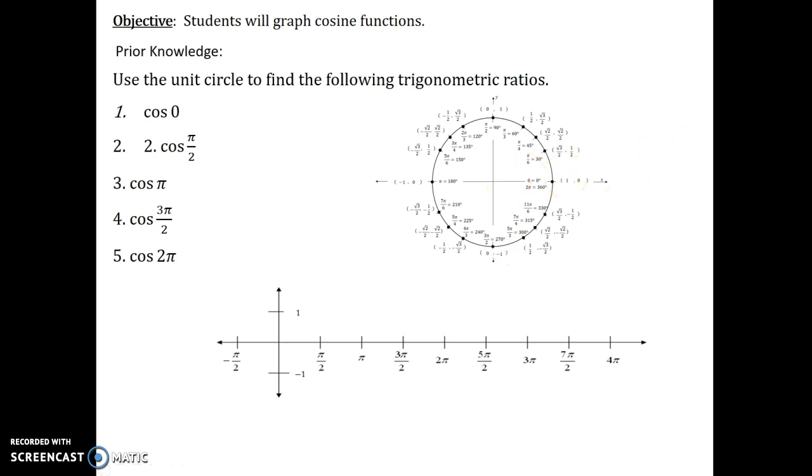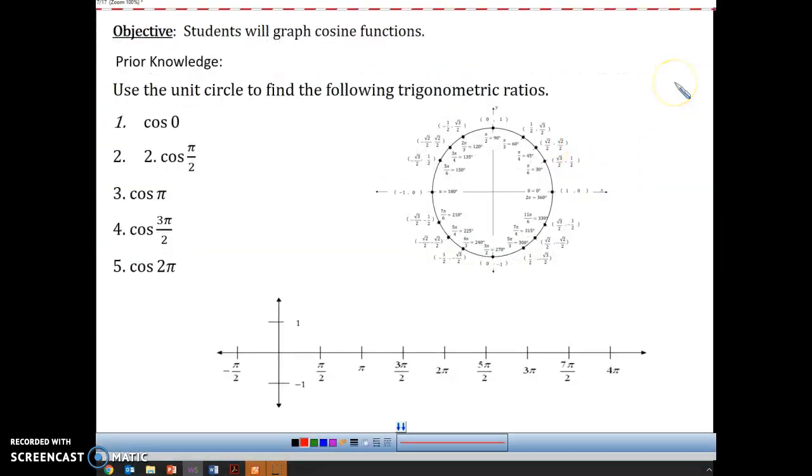For prior knowledge, I would like to again draw your knowledge back to the unit circle. Remember that the cosine function, cosine of theta, is always equal to the x coordinate of a given angle. So when we're asked what is cosine of 0, we look at angle 0 and the cosine value is 1.